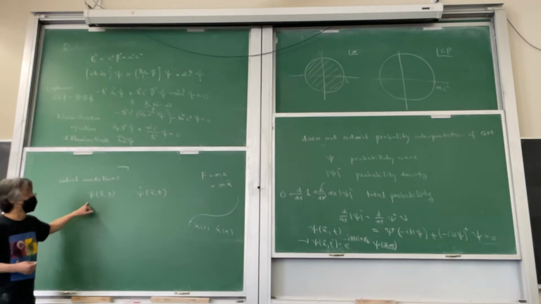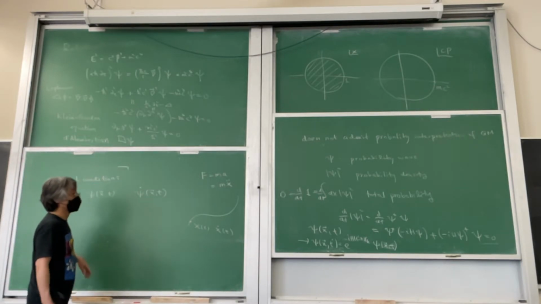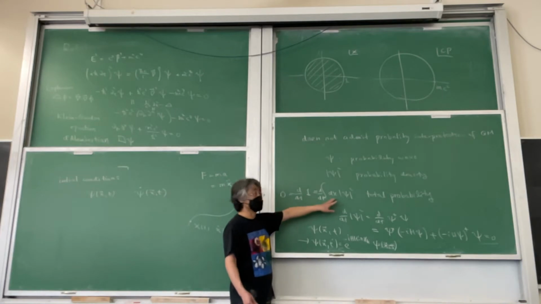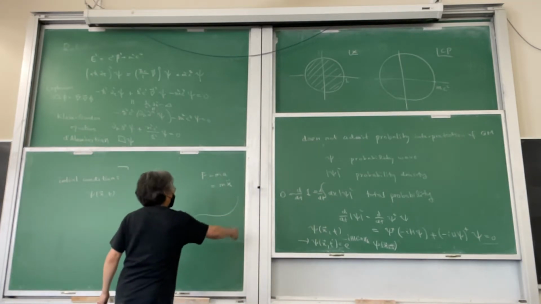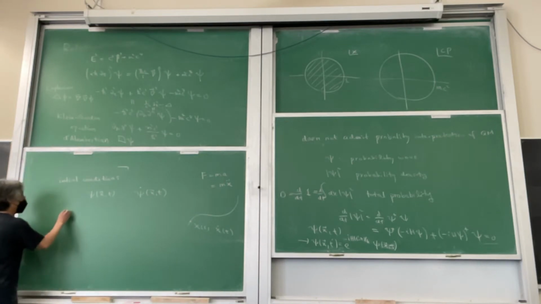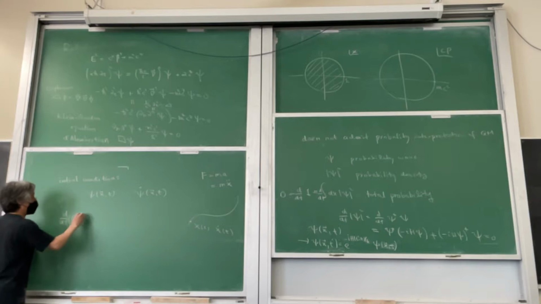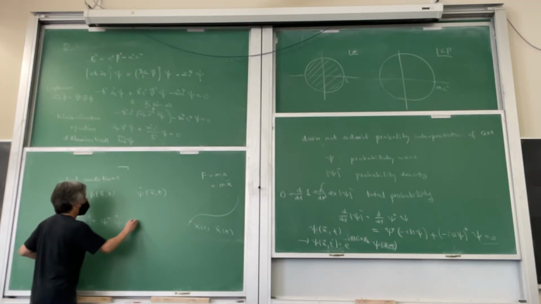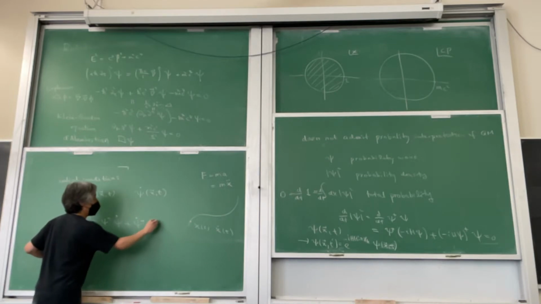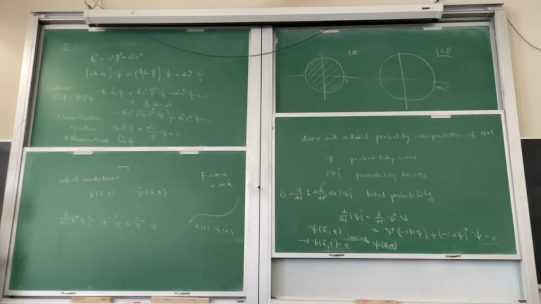You can also ask the question, does the Klein-Gordon equation allow for a conserved probability? Well, if you take this time derivative, all you get is this.